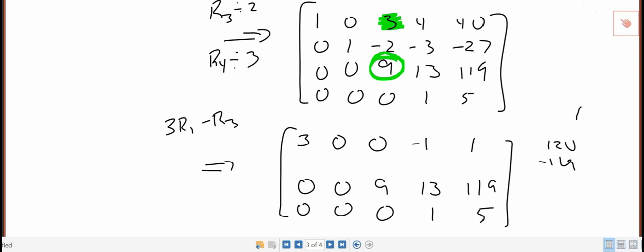Now for row 2. In order to get row 2, I need to multiply row 2 by 9, and then I'm going to add to that 2 times row 3.